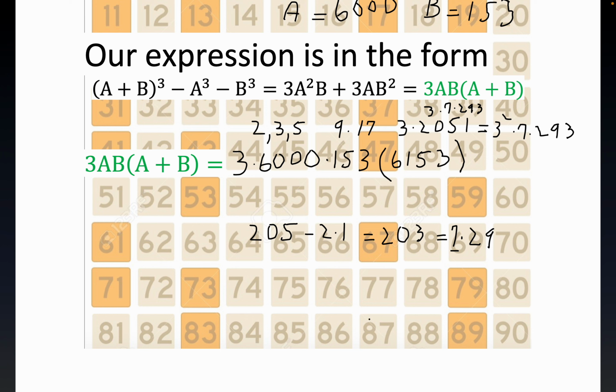And then the rest of it is just dividing 6153 by 21, okay? So you had to do the work here. They don't allow you to use calculators, but 6153 over 21 is equal to 293, okay?